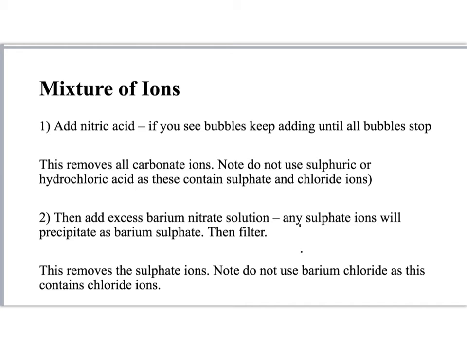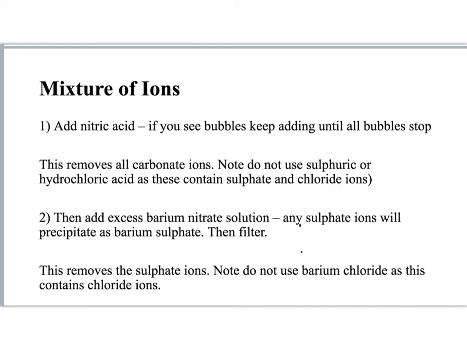So I've done that, and I'm now going to add excess barium nitrate solution. Now, as I add the barium nitrate, note here, I am not adding barium chloride solution. Because if I did barium chloride solution, that would put chloride ions in there, and I want to test for chloride later on.